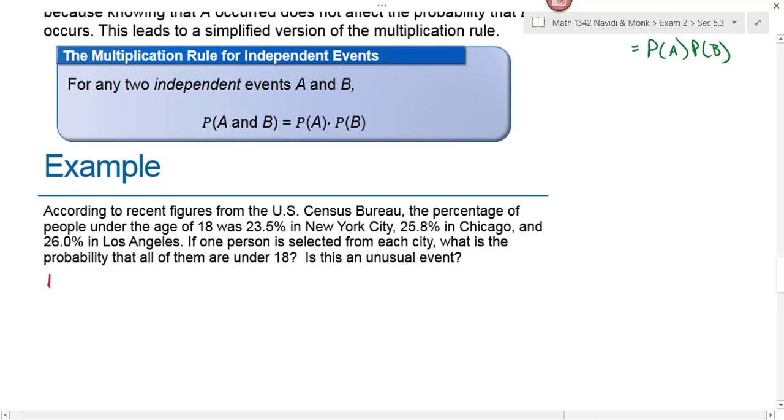The first thing you always want to consider is, are these events independent? My events here being selecting one person from each city. Yeah, because people from Chicago, New York, and LA are all independent of each other, right?